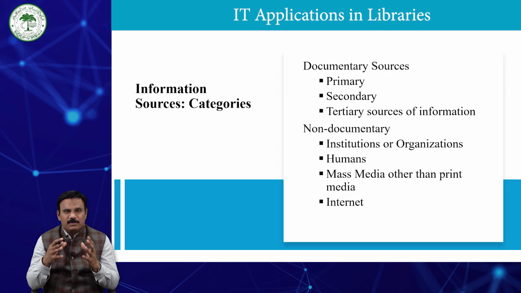We can group the information sources into two categories mainly. One is documentary source, another is non-documentary source. In documentary source, we can have primary source, secondary source, and tertiary source. It depends on the availability of information in the media. The non-documentary source includes institutions or organizations, humans, mass media other than print media, and the internet.